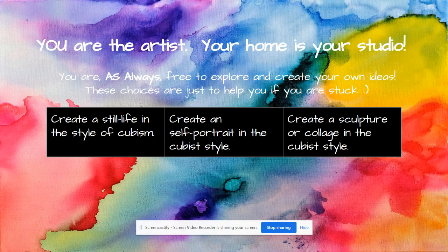So for your choice boards today, you are the artist and your home is your studio. And as always, you're always free to create your own ideas. But you could try to create a still life in the style of Cubism. Remember, a still life is a still non-moving object from everyday life.